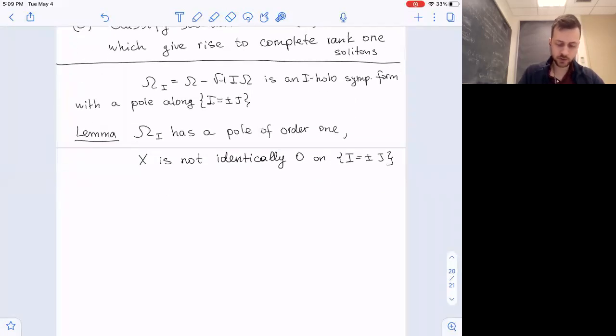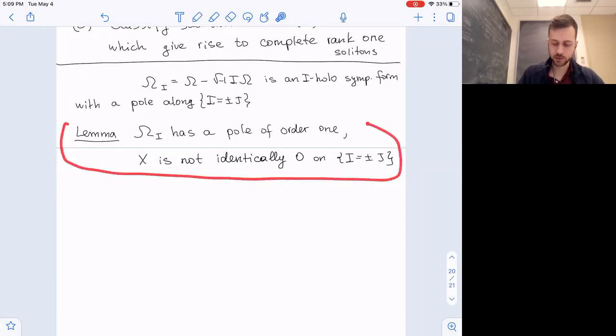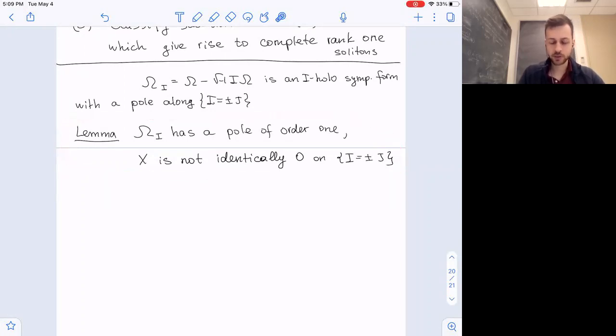But it already shows that solitons are special, right? Because through this deformation along Poisson tensors construction, we know that in principle we can cook up generalized scalar structures where omega I has a pole of order more than 1, or respectively the Poisson tensor has a vanishing of order more than 1.